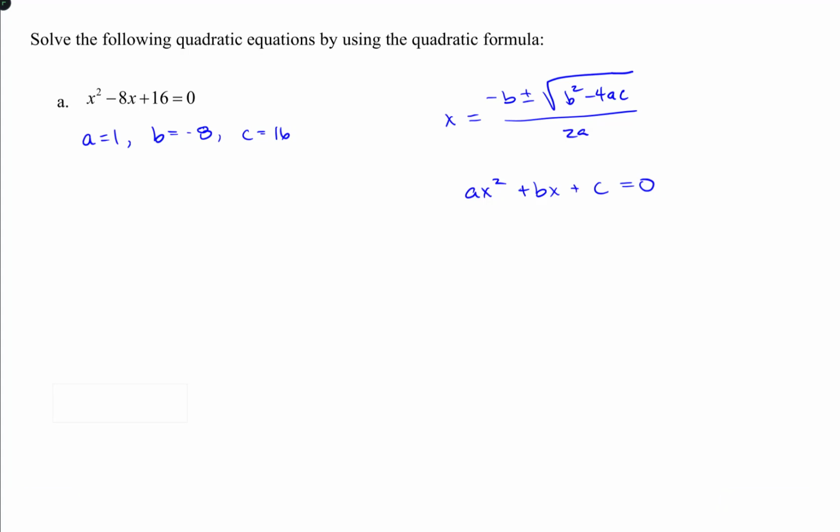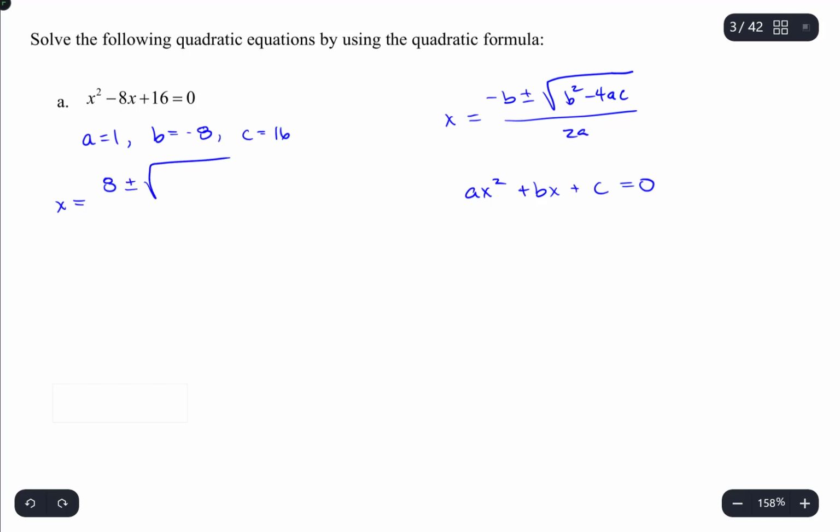16. So our solutions here are going to be negative b, so the opposite of negative 8, plus or minus the square root of b squared, which is 64, minus 4ac, so 4 times 1 times 16, and 4 times 16 is 64.